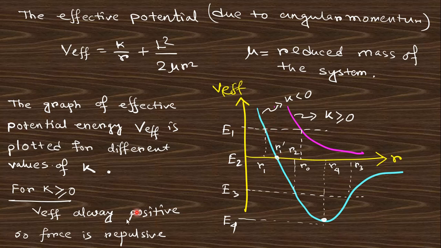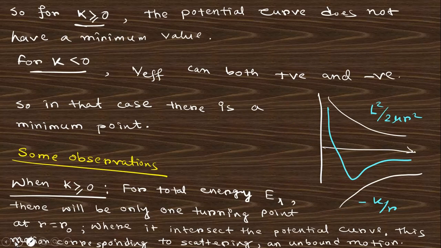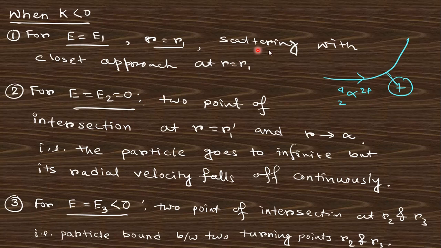For the scattering point with r equal to r1, what is r1? If this is a nucleus and this is an alpha particle coming along that path, this is the closest distance, r1. When the energy is 0, there are two intersection points, at r equal to r1 prime and at infinity, so the particle goes to infinity but the radial velocity falls continuously.